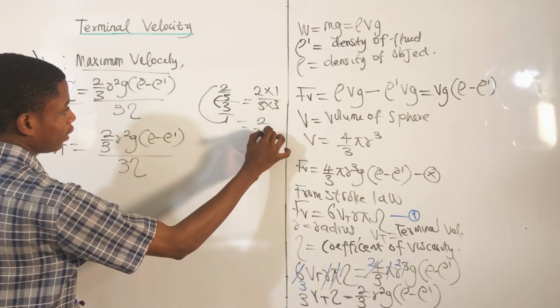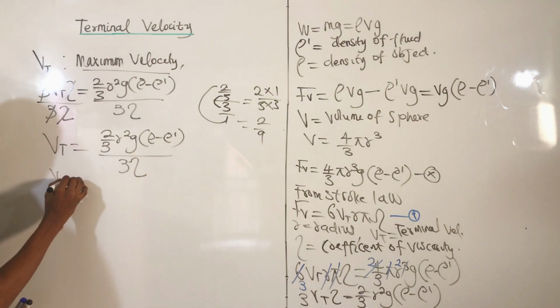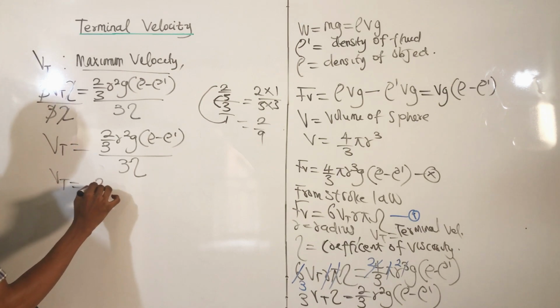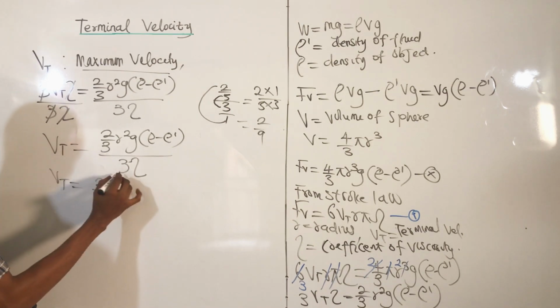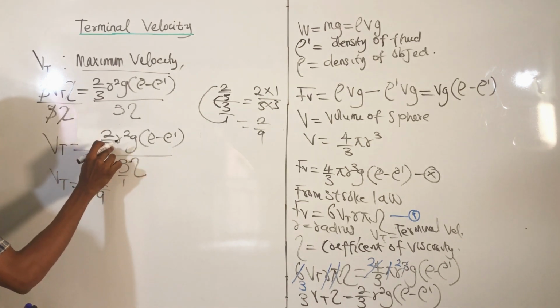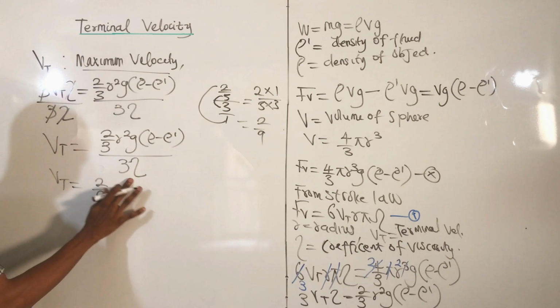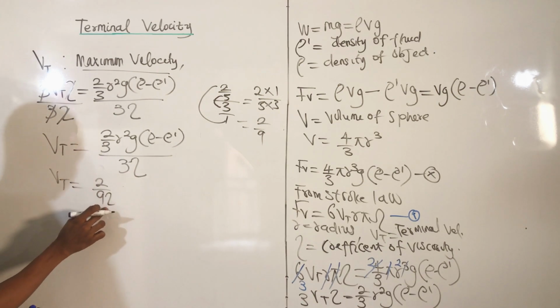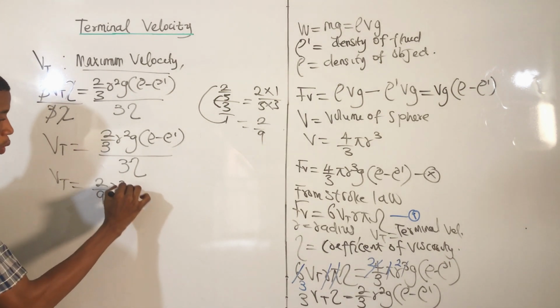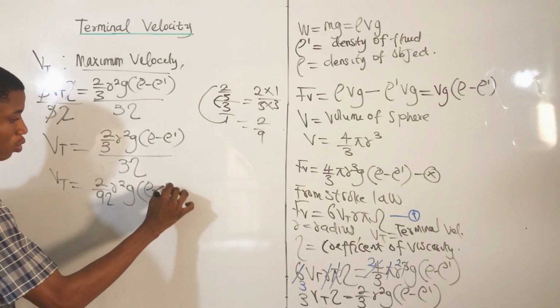It's 2/9. So Vt is equal to 2/9, because you have over 1 here. This 3 coefficient of viscosity will multiply 3. It becomes 2/9 coefficient of viscosity rho square g bracket rho minus rho prime.